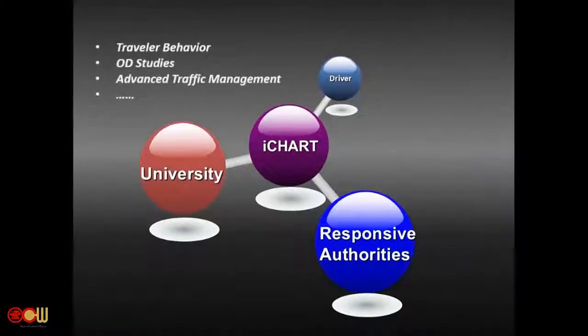We can do a lot of travel behavior. Most useful information and OD study, okay, advanced traffic management. Remember, traffic behavior usually we do what? Do by survey. Survey usually is not that reliable, okay? So if you can have a so-called cell phone-based activity survey, we have done the study in Maryland.